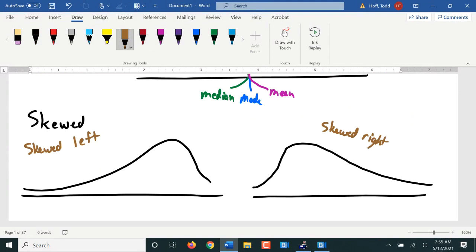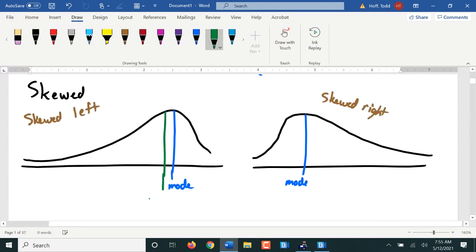And when we do this, the mode is still going to be the highest point on each curve. Now the median has half the numbers smaller and half larger. So the median will move over a little bit. Here it'll move over this way a little bit.